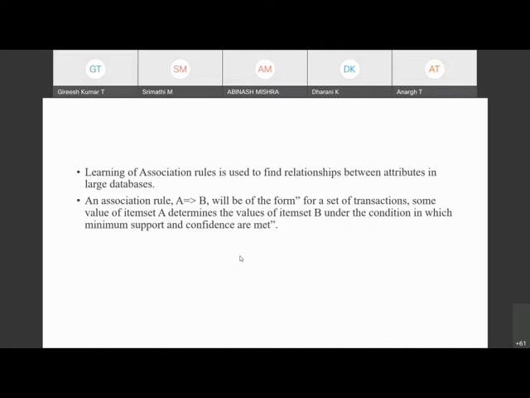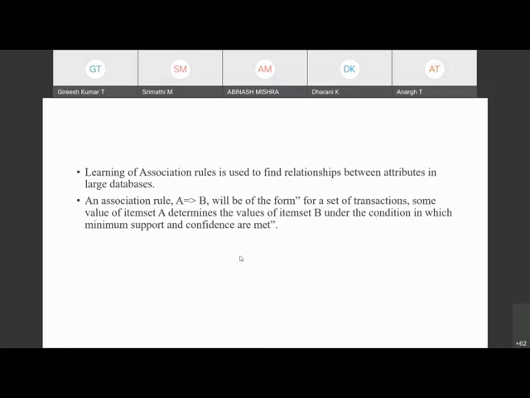So an association rule, A implies B, will be of the form: for a set of transactions, some values of item A determine the values of item B under the condition in which minimum support and confidence are met. So these two points are very important. We have to define what we mean by minimum support and confidence in association rule mining.